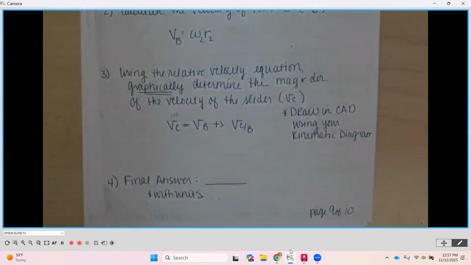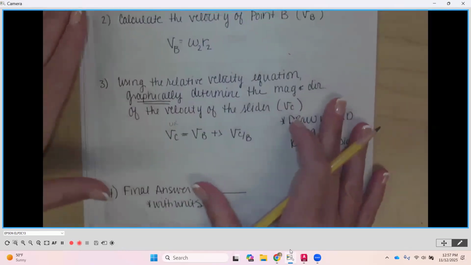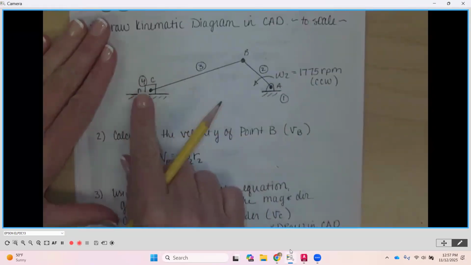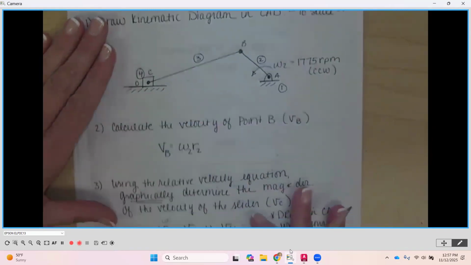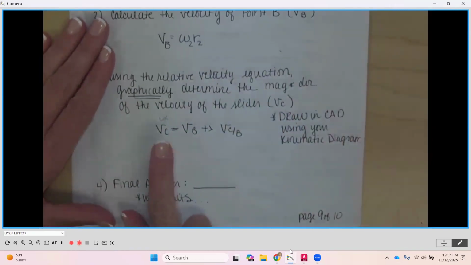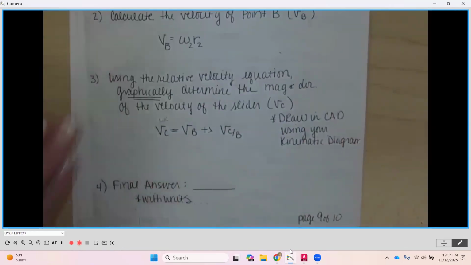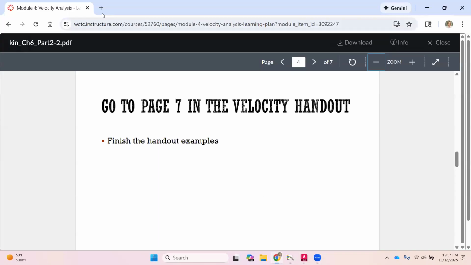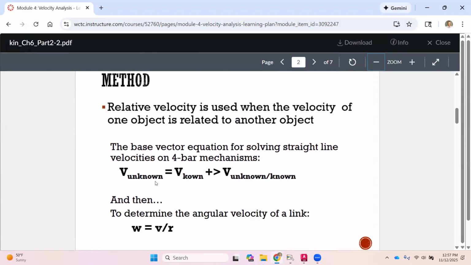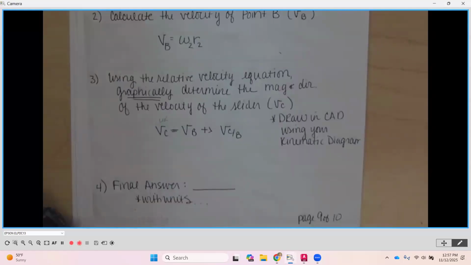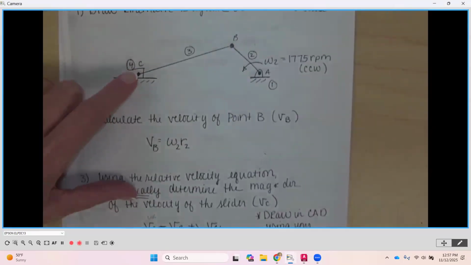The velocity of C is going to be how fast this piston is going back and forth. That's what the problem wants to know. And the first variable is always the unknown quantity. We also see this back when we were at the beginning of this section. The base equation is the unknown velocity is going to be equal to the known. So our unknown velocity is, what is the velocity of our piston?